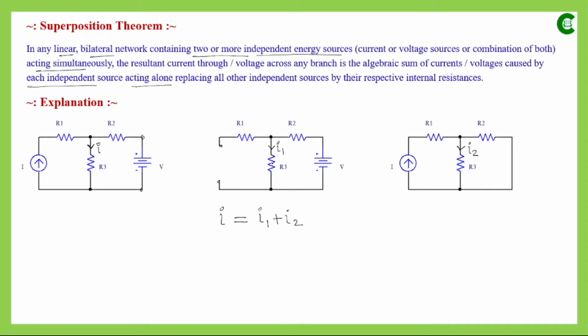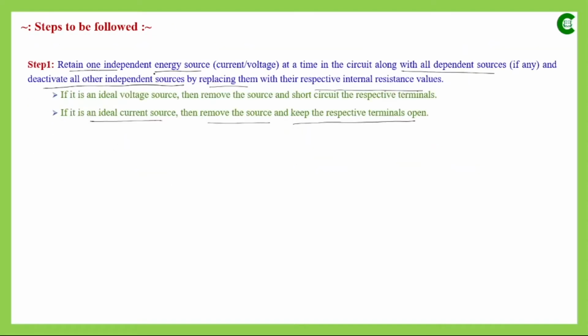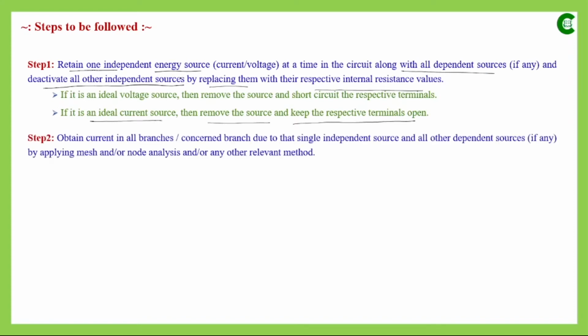So in the first step, we will consider one independent energy source at a time and deactivate all other energy sources, but we will keep the dependent sources if there are any. In the next step, we will find out the concerned parameters. If we want to find the current through any concerned branch or through all the branches of the circuit, we will find all the current values because of the independent energy source we are considering at that moment.